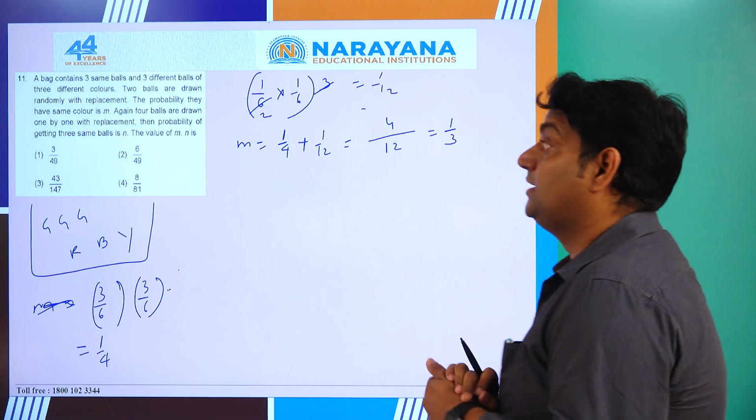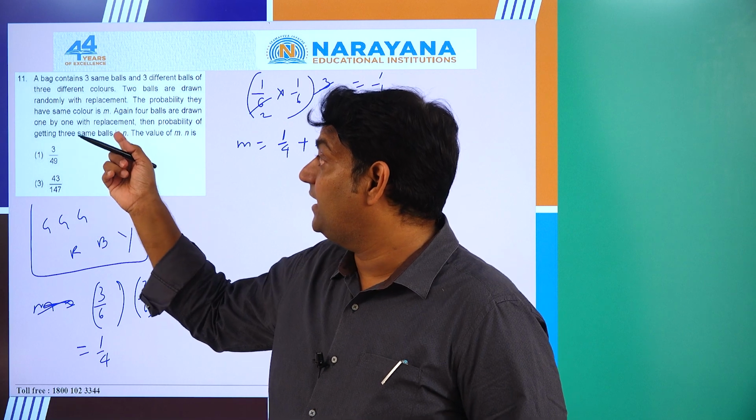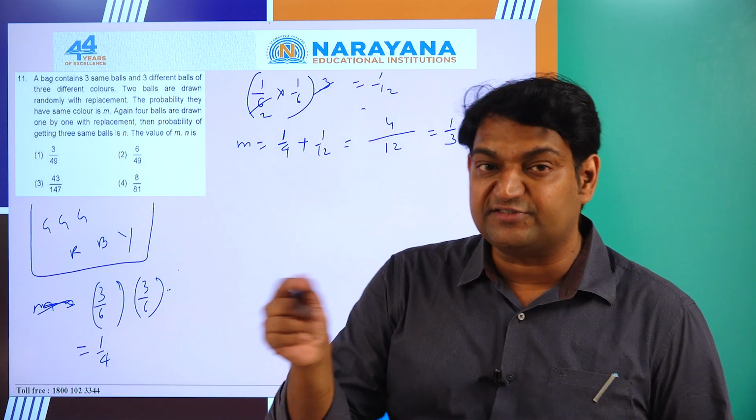Now see very carefully the second case. 4 balls are drawn one by one with replacement. Then the probability of getting exactly 3 balls of the same color.